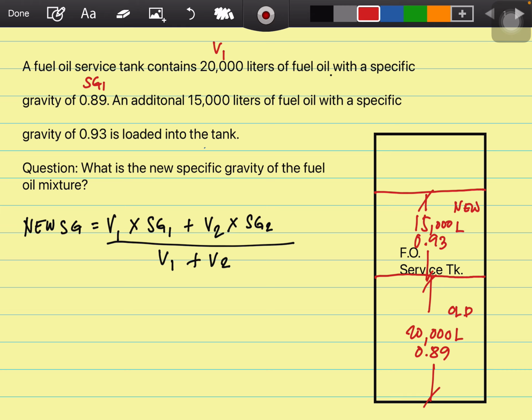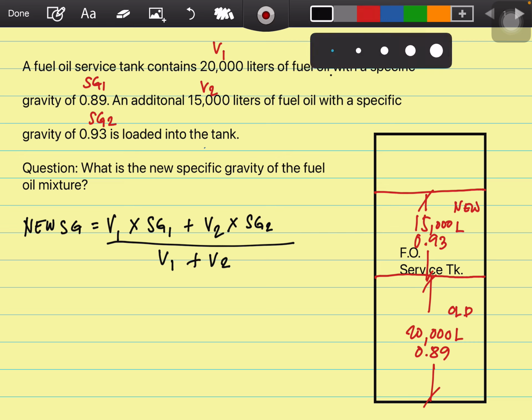An additional 15,000 liters means it's the new one, that will serve as your V2, with an accompanying 0.93 specific gravity for the new oil. That is SG2. Now we compute again. We now know the values of V1, V2, SG1, and SG2.